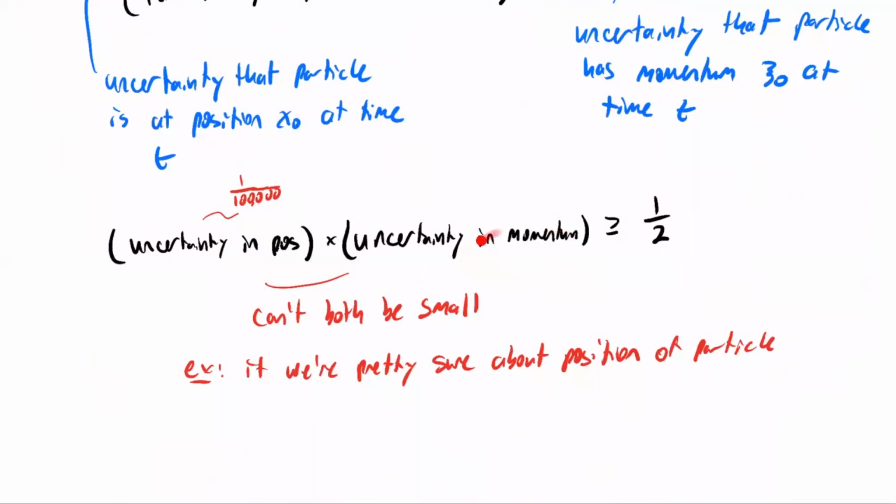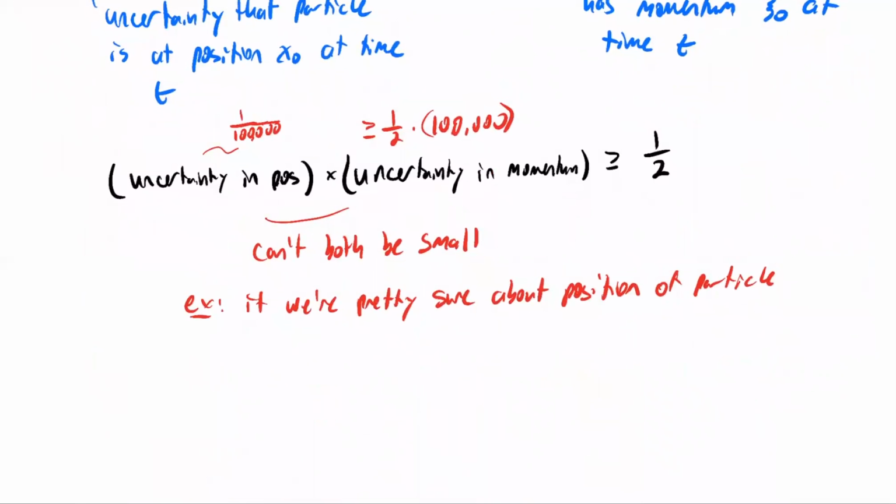So that means the uncertainty in momentum has to be large to make up for this. It would have to be at least 1/2 times 100,000, otherwise this inequality would fail. So loosely speaking, this says that if we're pretty sure about the position, then we can't be sure about the momentum.